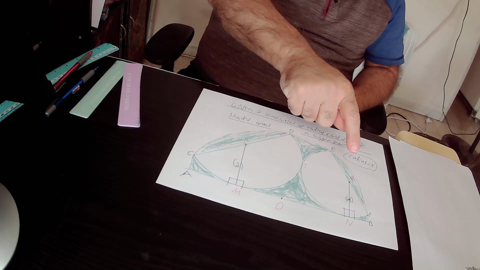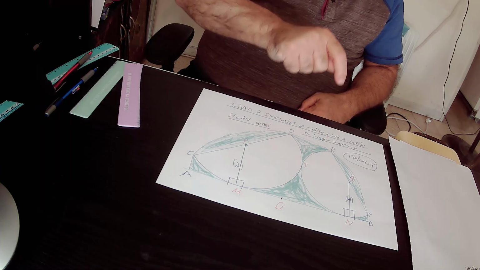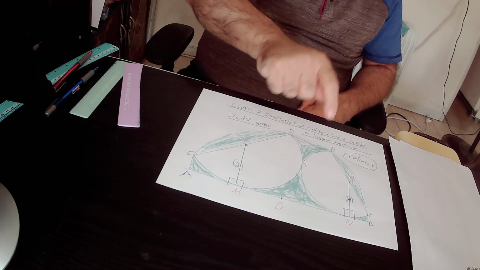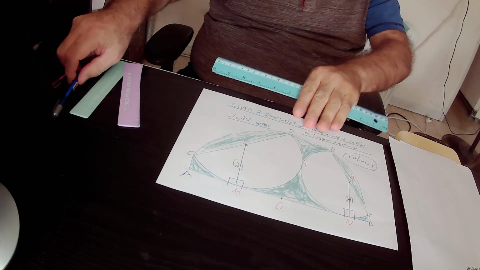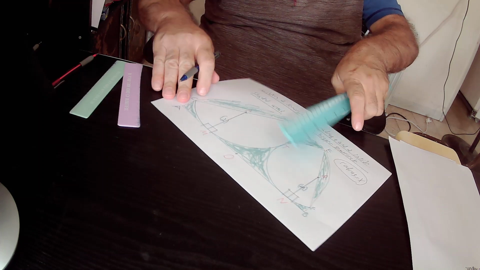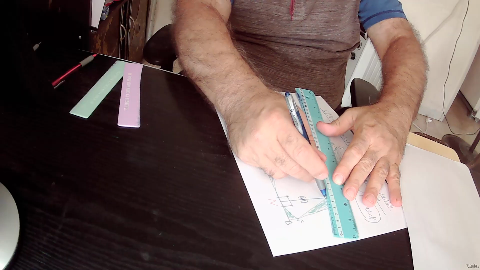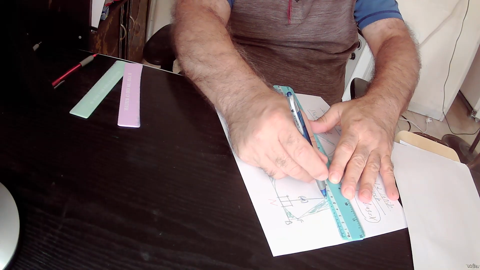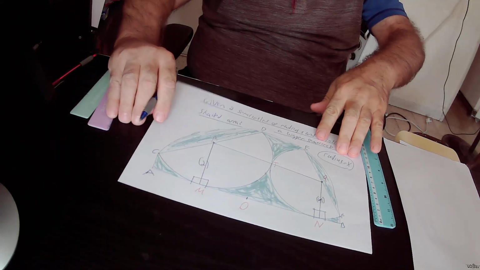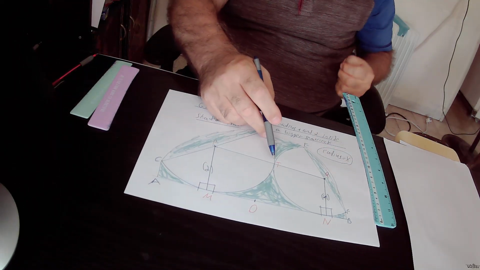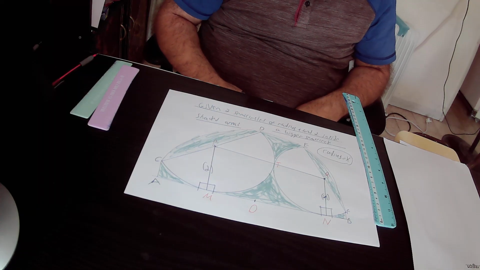So we join points P and Q together by a straight line, and the center line PQ must pass through point T. This is your touching point according to rule 10. So you can see from the drawing that indeed the center line PQ passes through point T, that is their touching point, exactly according to rule 10.